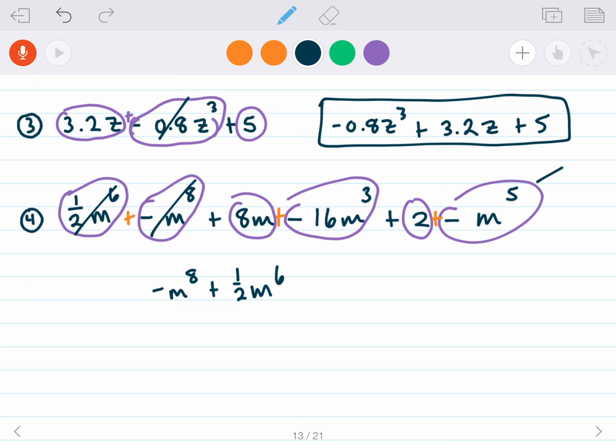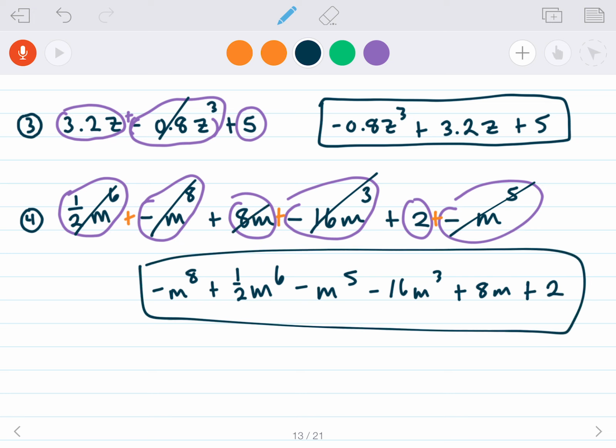Okay, so this is going to be a negative m to the 5th. Don't have to write those orange plus signs. That's totally fine. Next is 3. It's our next highest, so that's negative 16 m to the 3rd, followed by a positive 8m, and finally our constant, which is positive 2. So this is our answer in standard form.